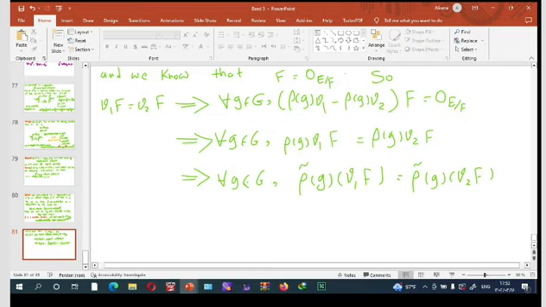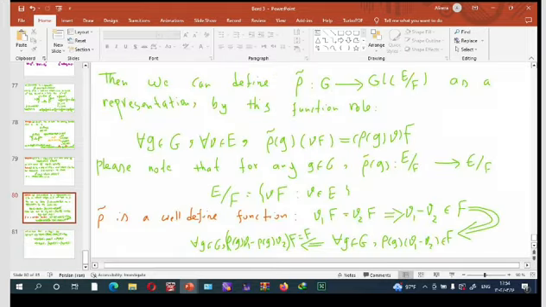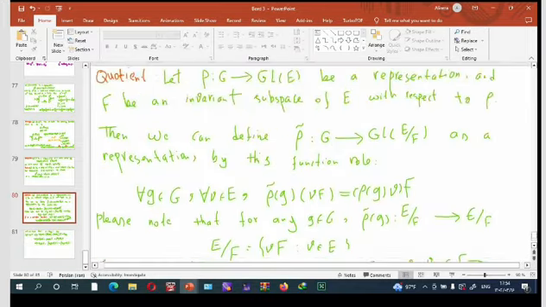So this is a well-defined function. So we need this property that F must be an invariant subspace of E.